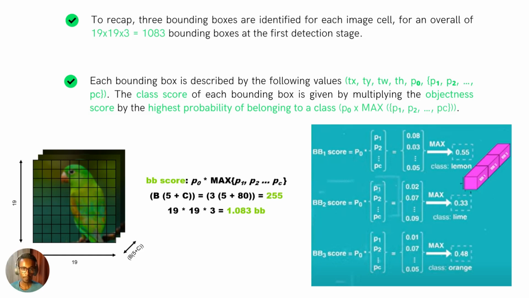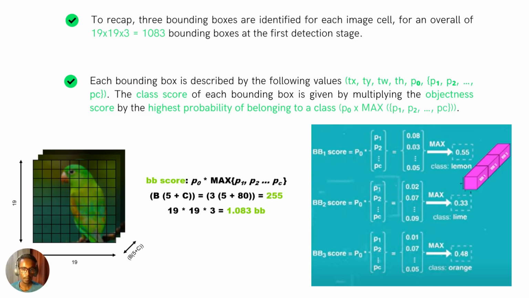After we multiply these two matrices, it's going to be an element-wise operation. Since p naught is a constant, we're just going to multiply p naught by every single value inside the vector for each class.